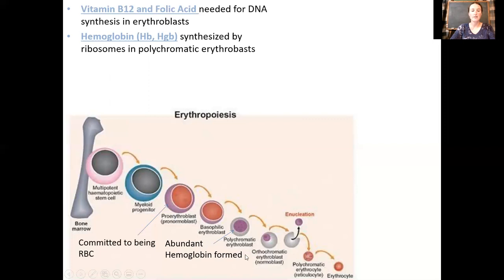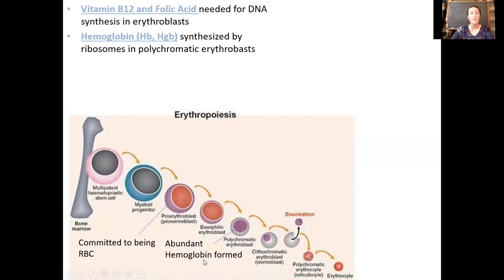At about this stage, the polychromatic erythroblast, we are actually making abundant proteins. So over here, we're making the DNA. By this phase right here, we start transcribing and then translating different genes within that DNA, which will ultimately make the protein called hemoglobin.